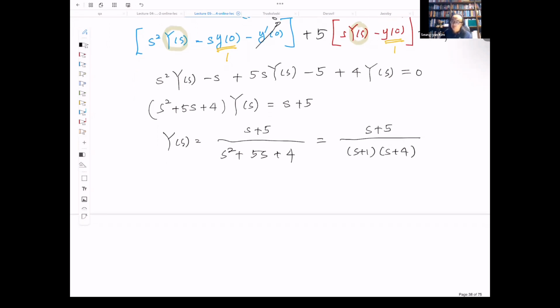But now we need to do the partial fraction to separate the denominator. We're going to let that equal a over s plus 1 plus b over s plus 4.